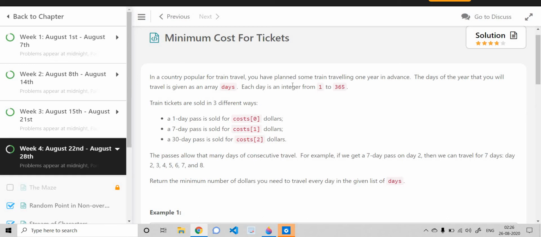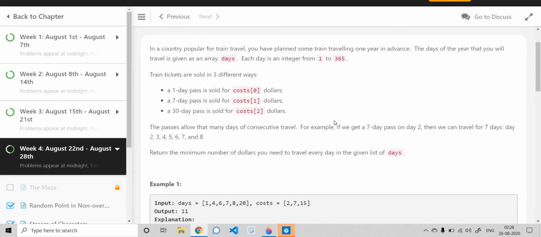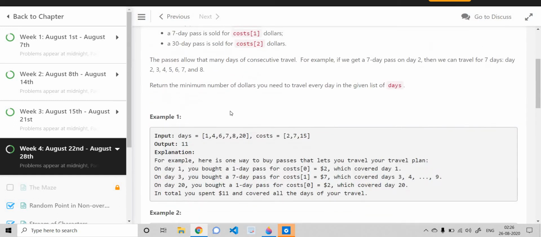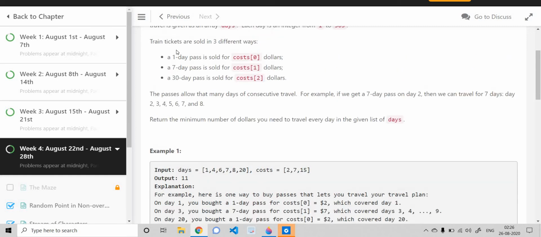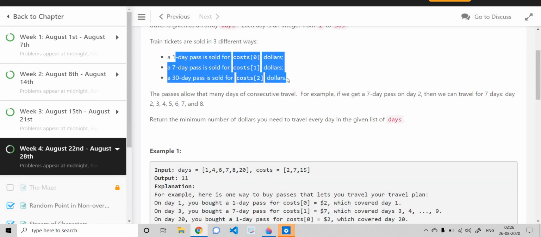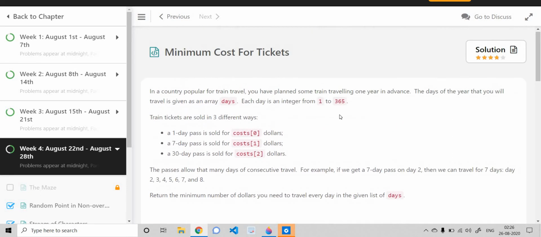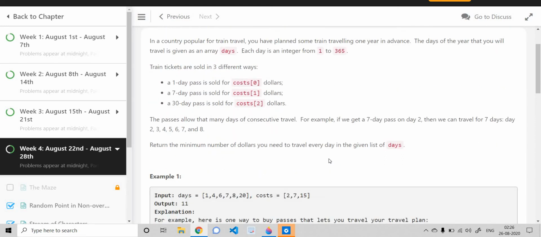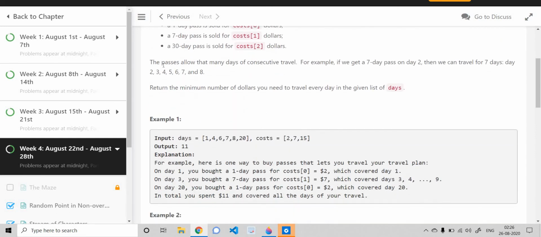We have been given a days array which tells us the days on which we want to travel, and we can only buy these three types of passes, and we need to buy all of those passes right now, 1 year in advance. For example, the pass is for consecutive travel.